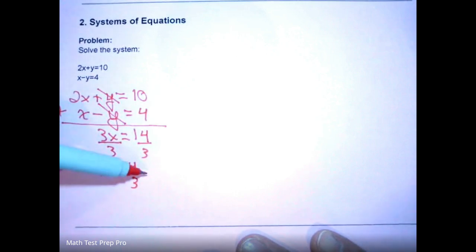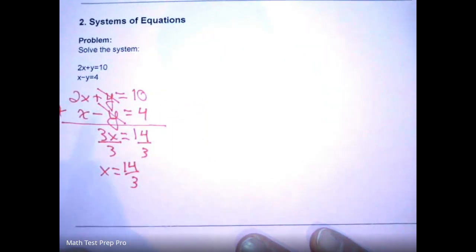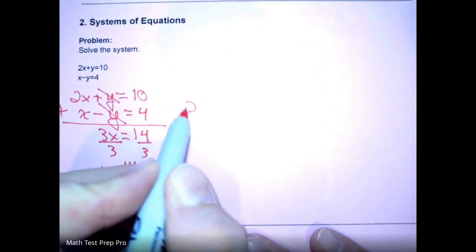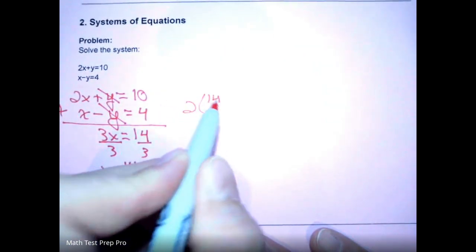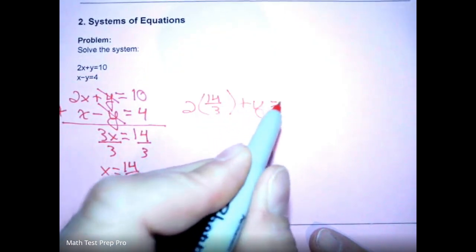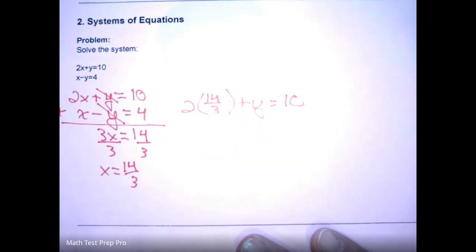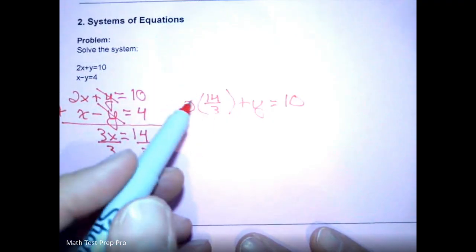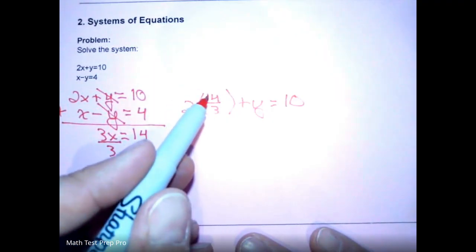Okay, so now that I have x, I can plug that into one of these equations. I'm going to plug it into the first equation, just picking one. So it's going to be 2 times 14 over 3 plus y equals 10. Nothing cancels out here.